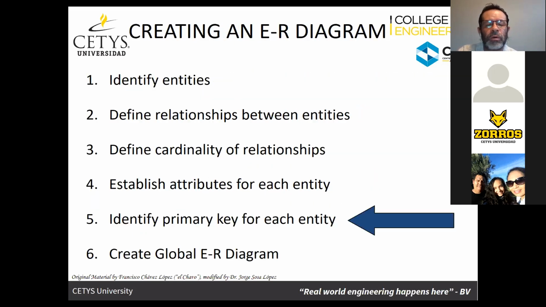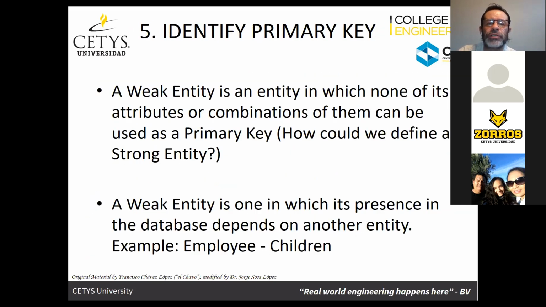So there might be situations where I define an entity and there are no attributes in that entity that can be identified as a primary key. That's called a weak entity. It's an entity where I've got the attributes, but you know what? There isn't any of these attributes that can be identified as a primary key. I can't use any of them.